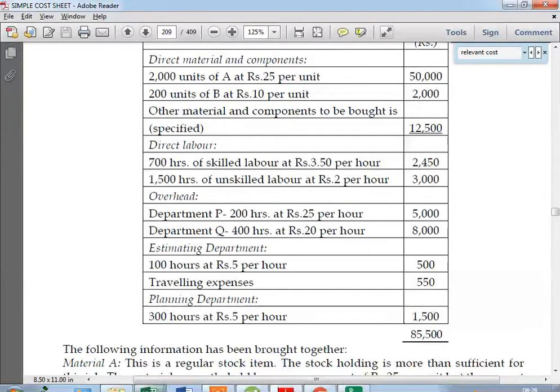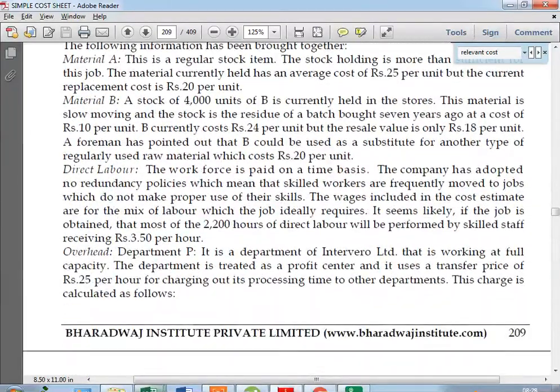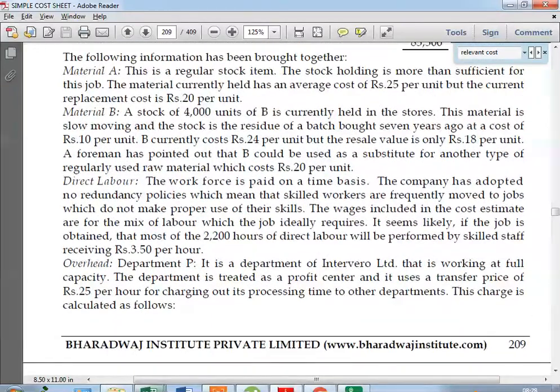Full stop. It can either be sold for rupees 18, or used as a substitute to save rupees 20.